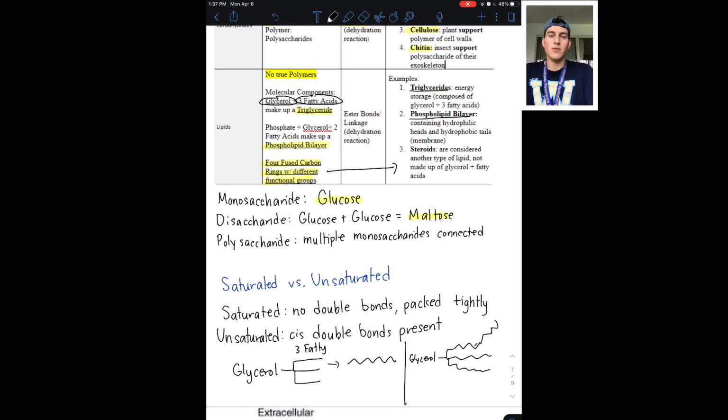That would just make it look a lot more weird. So unsaturated has cis double bonds, and saturated has no double bonds but is packed tightly together. So yeah, that's pretty much it. If you have any questions, come to SI session and we'll go over this in more detail. Thank you.